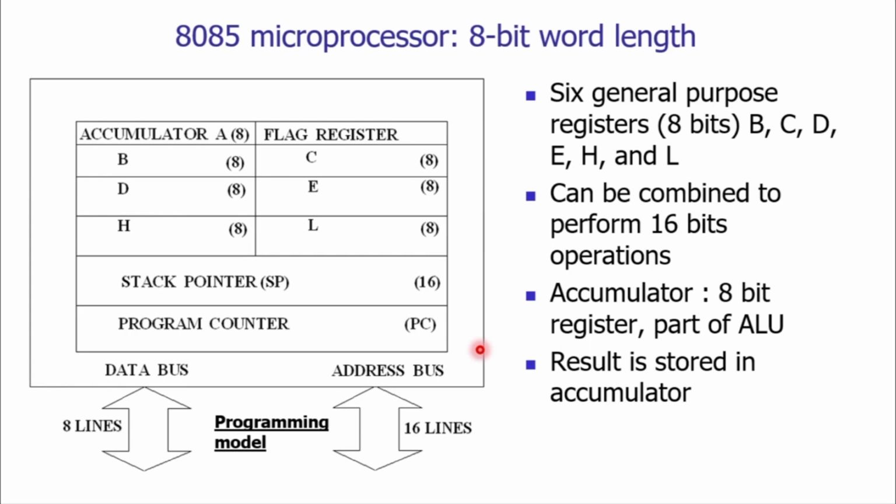We can define the sign of the result, whether it is positive or negative, by using this flag register. There are various flags being used, such as sign, parity, carry, and so on.